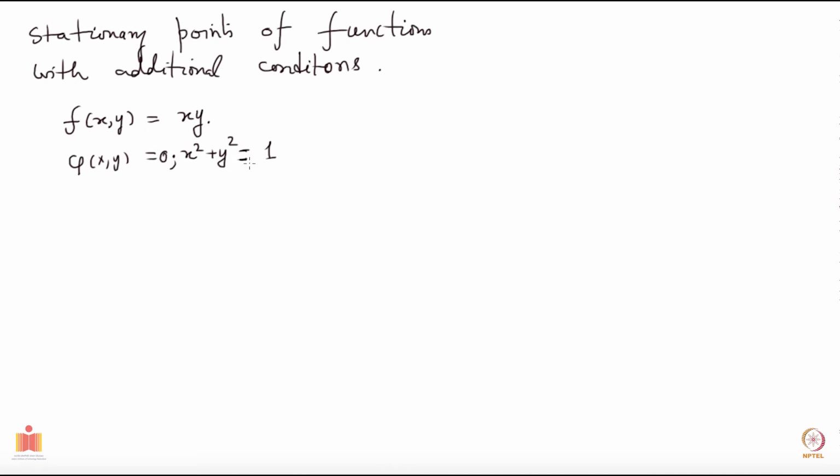So let me state this first. Probably it will be nicer if I move to the next page. So, the method of undetermined multipliers.